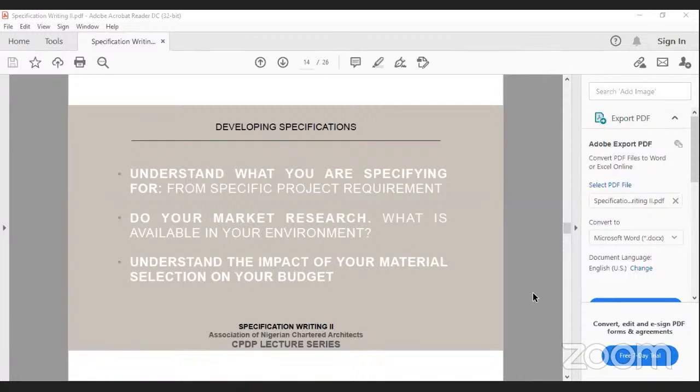You as the specifier should be knowledgeable enough to know the limitation of those specifications or of the information about those products. And some of this knowledge may come from experience on previous works done.